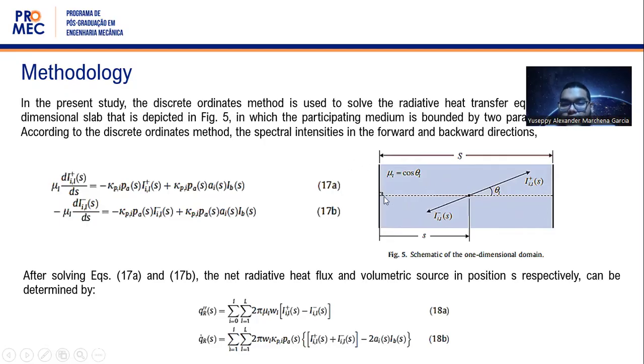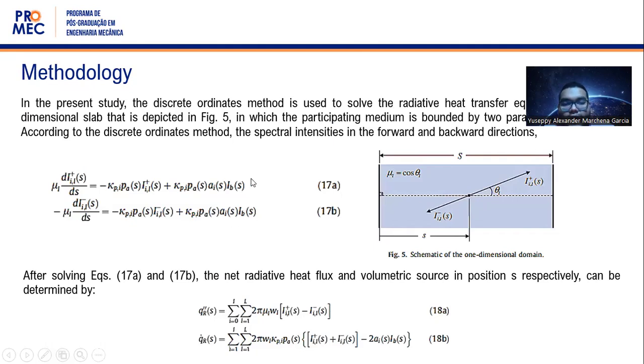We can see here a schematic of a one-dimensional domain of this article. We have L, the distance between the walls, and S, which is the center point or any point on the line in the middle of these walls.